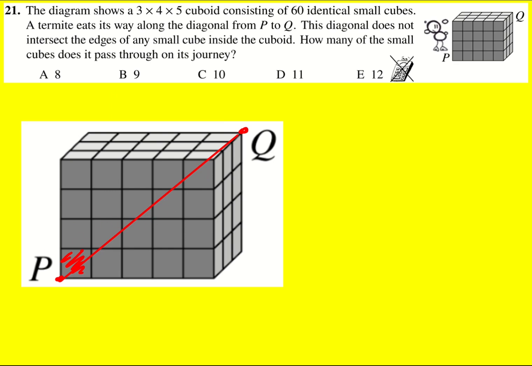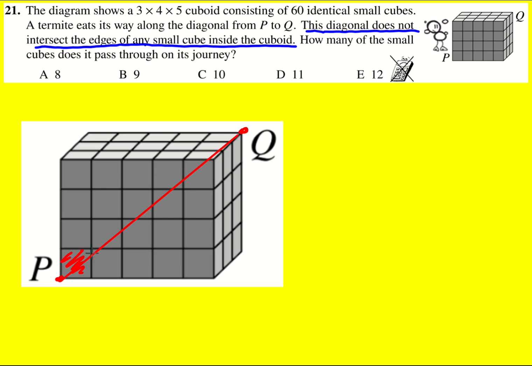But there's an easy way to do it, and that is to use this piece of information. This diagonal does not intersect the edges of any small cube inside the cuboid. So we can never go from here straight to here, for example, through one of the corners or even just the edges.